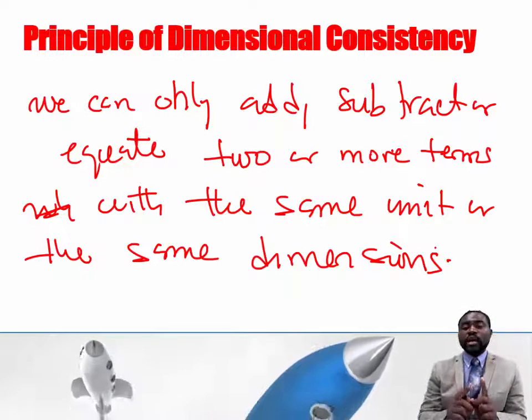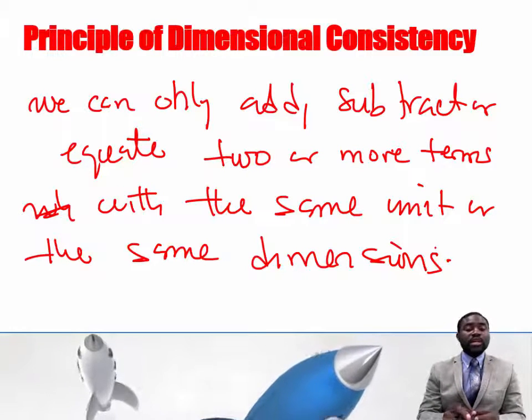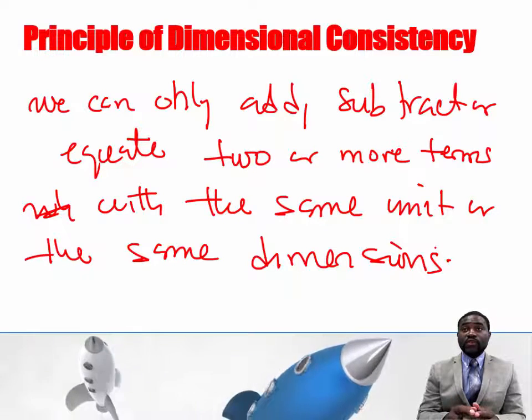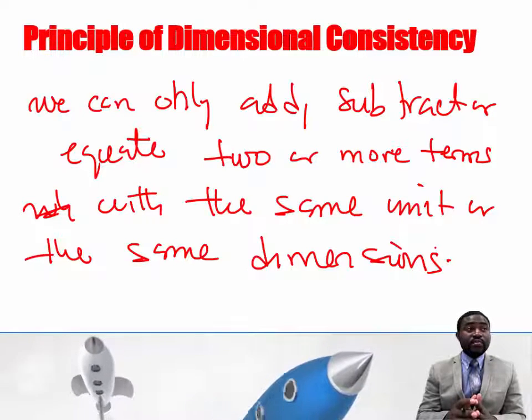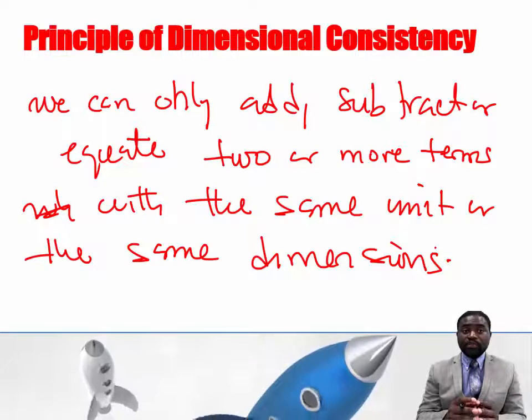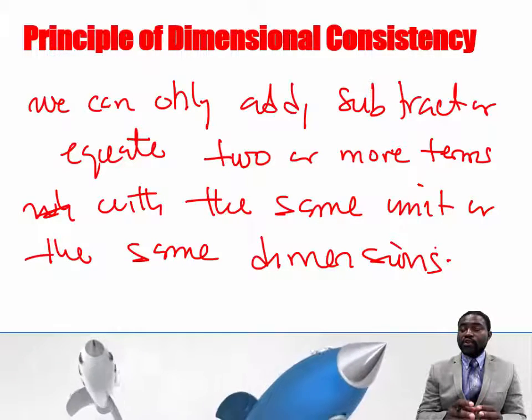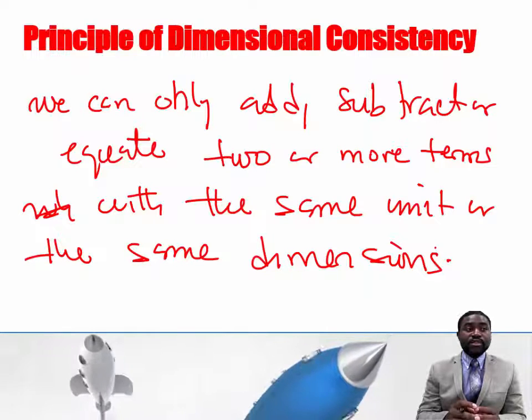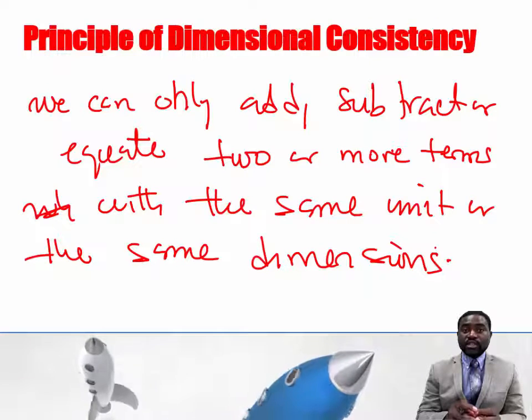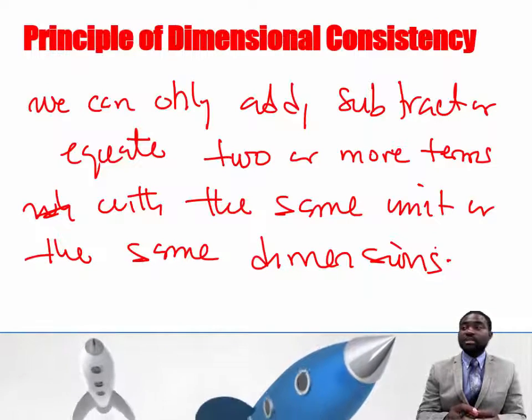We can only add, subtract, equate two or more terms with the same units or with the same dimensions. This is a very profound statement. And I would like for you to write it down in red if you have not written it down. If you have written the statement down, highlight the statement.